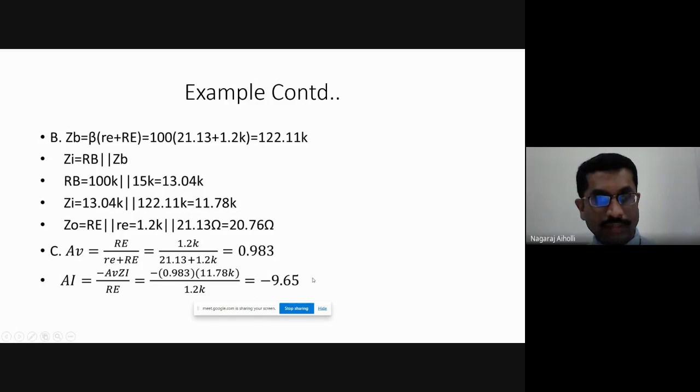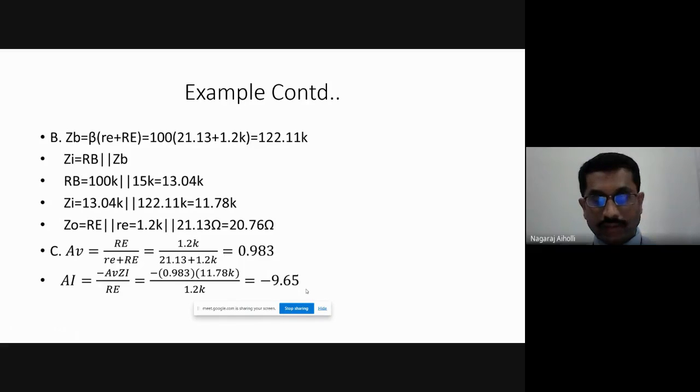Just verify this: minus 0.983 into 11.78K divided by 1.2K. K will cancel here. Just find out minus 0.983 into 11.78, divided by 1.2. Is it correct? Answer is correct here. Yes, sir. Minus 9.65, you are getting? Fine. Very good.